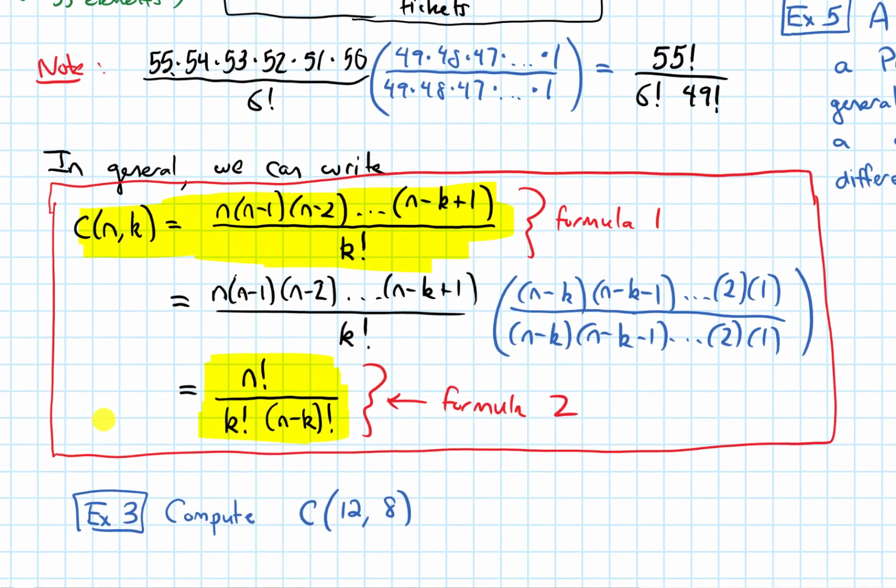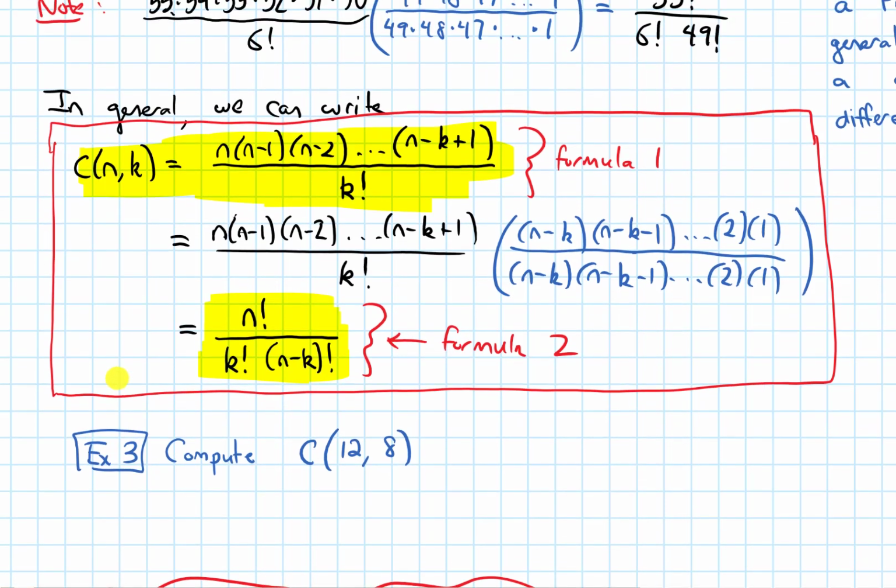So let's do one example to end this video, practicing this notation. Let's compute C of 12, 8. We're counting the number of ways to select 8 objects from a group of 12 objects where the order does not matter. I want to practice my factorial formula. So this is n, and this is k.